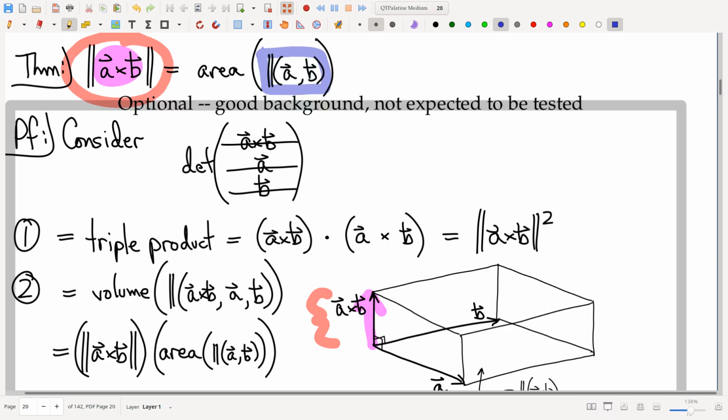Anyway, 2 parallel lines followed by a pair of vectors, to me, that denotes the parallelogram represented by those 2 vectors. I'm going to use that notation. I think it's really convenient. That parallelogram, you can talk about its area. And the kind of shocking claim is that the magnitude of the cross product and the area of that parallelogram are always the same. Very weird, right? Very kind of spooky.